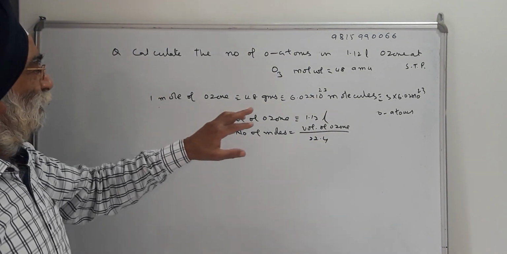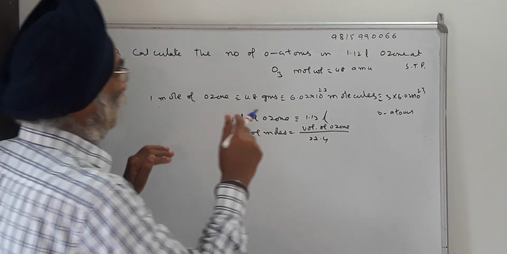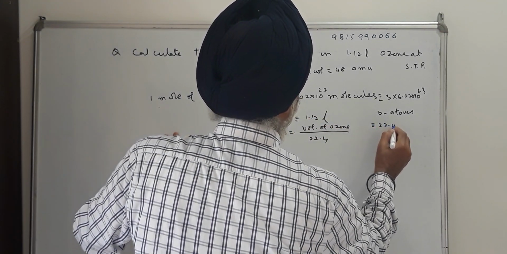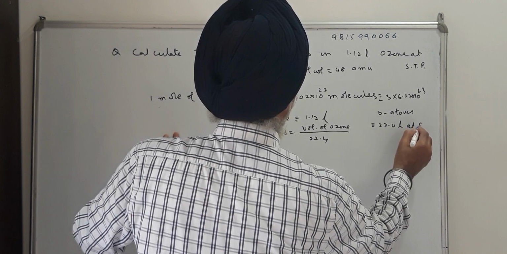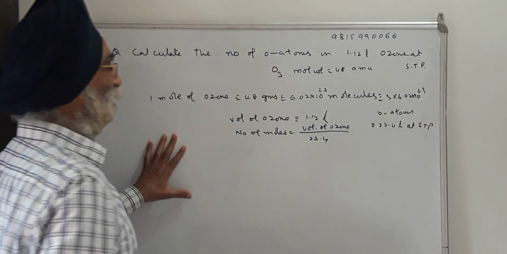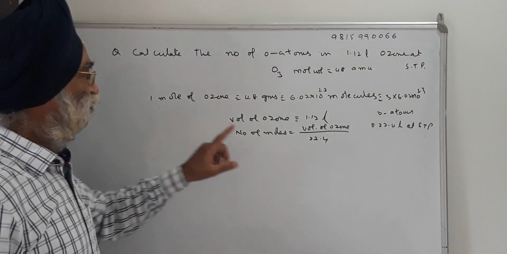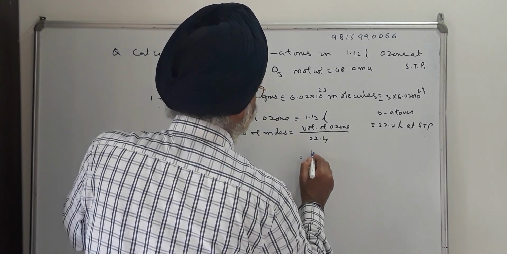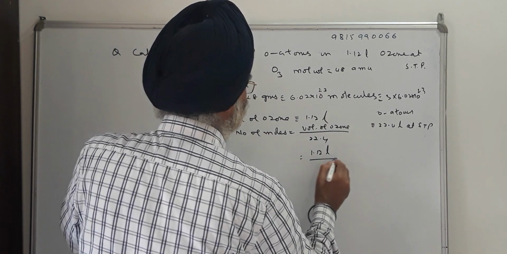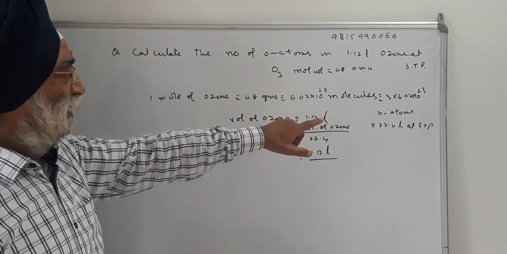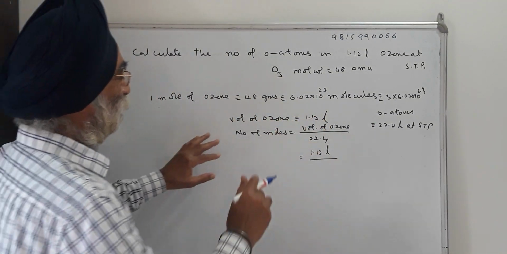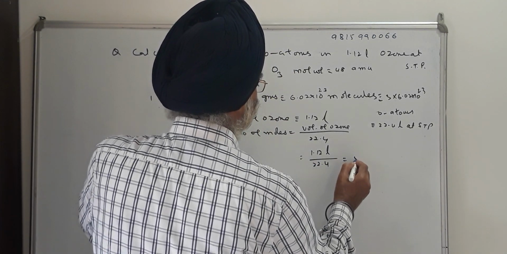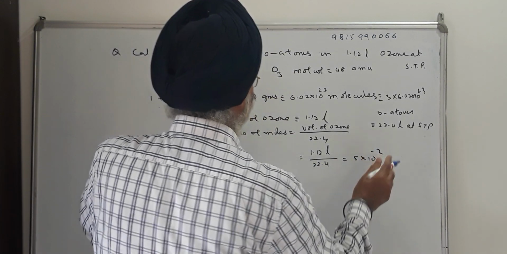We have not mentioned here, so this is 22.4 liters at STP. This was also to be included. Volume of ozone 1.12 liters divided by volume occupied by 1 mole, 22.4. It is 5 into 10 raised to the power minus 2.